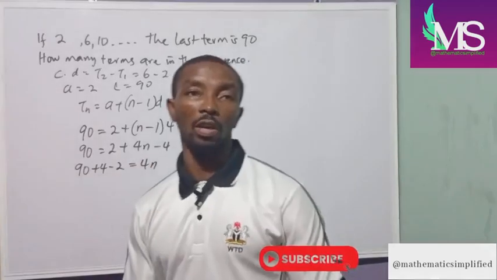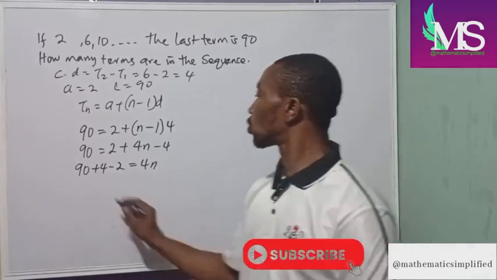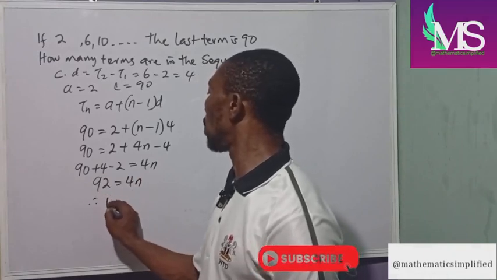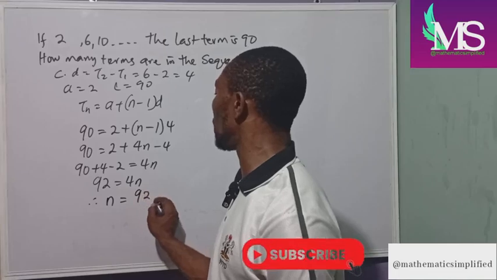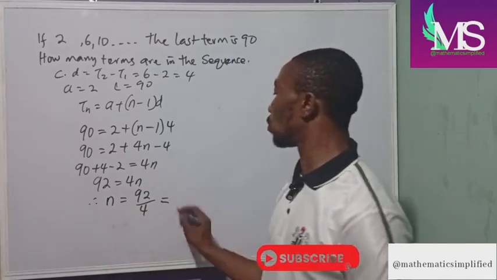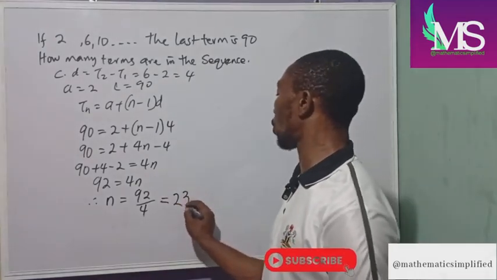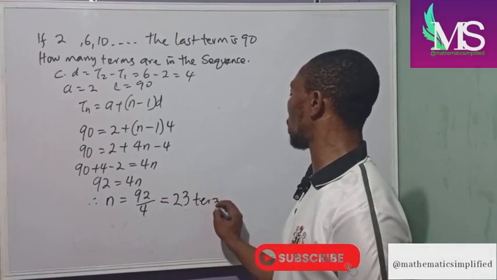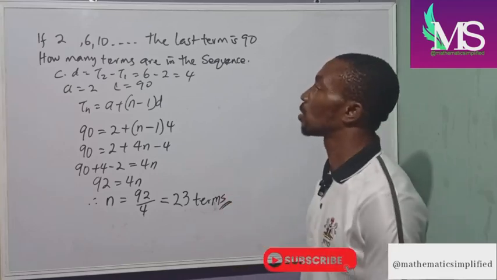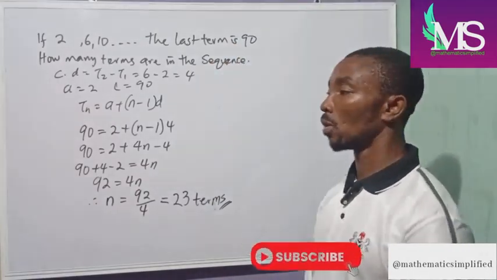So 90 plus 4 is 94, minus 2 is 92. So this gives us 92 equals 4n. Therefore, n equals 92 over 4. Breaking it down, 4 into 9 will give us 2, remainder 1. 4 into 12 will give us 3. So there are 23 terms in this sequence for our last term to be 90.